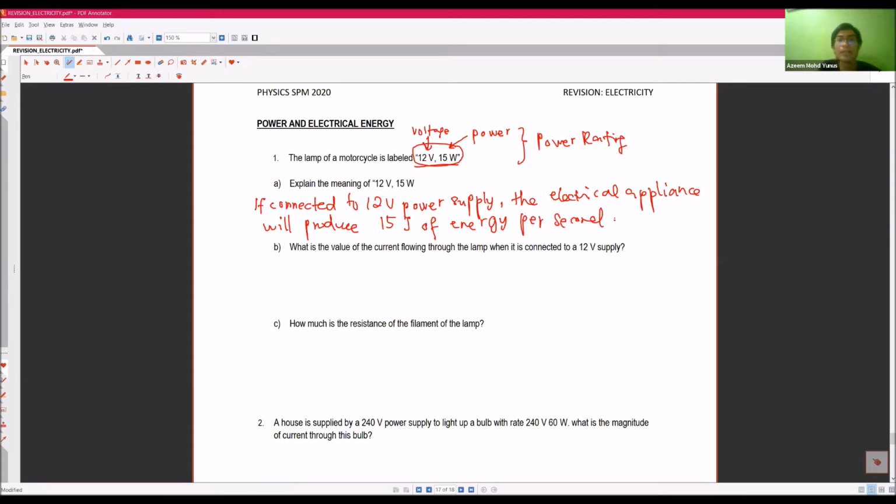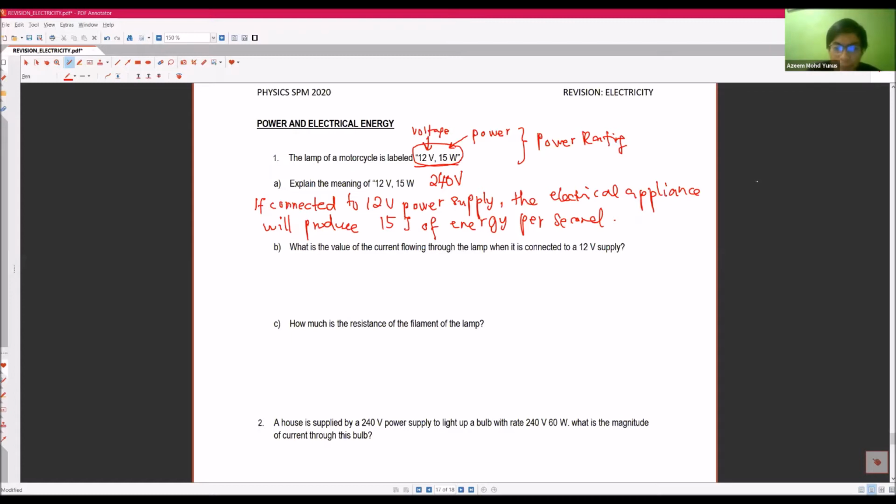That is what the power rating actually means. Usually the values, the 12 volt and 15 watt, will be different for different appliances. But for domestic use in our house, usually the voltage is 240 volts and the power is 100 watts or 200 watts or 2500 watts. It depends on the electrical appliance.